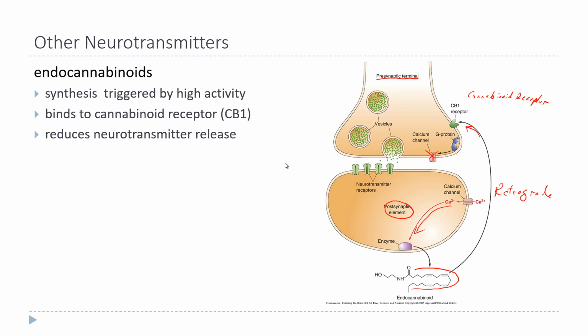And so the function of these endocannabinoids is probably to act like a feedback signal. Essentially the endocannabinoids tell the presynaptic neuron, especially if it's been highly activated, to quiet down. And this again is common in a lot of circuits. You have these feedback loops between two sets of neurons.